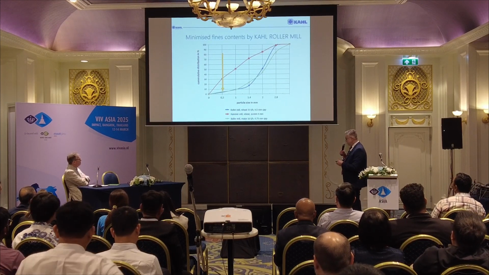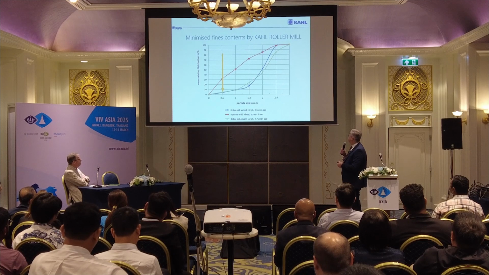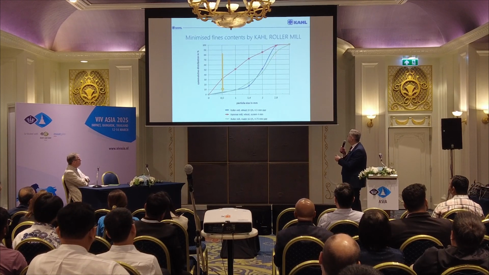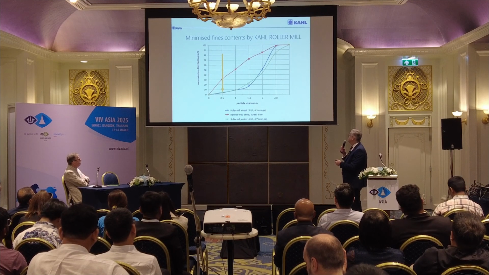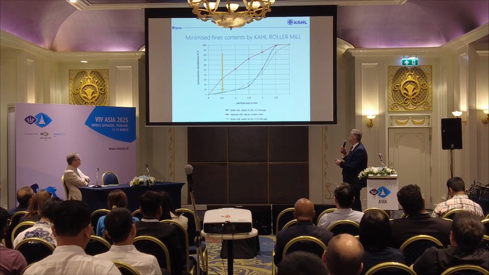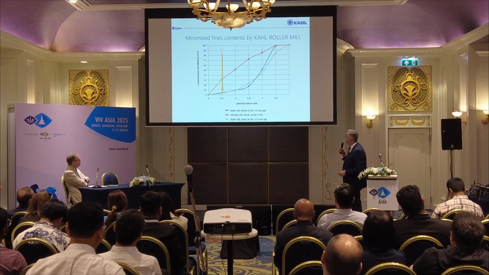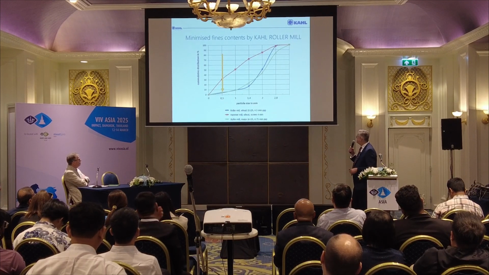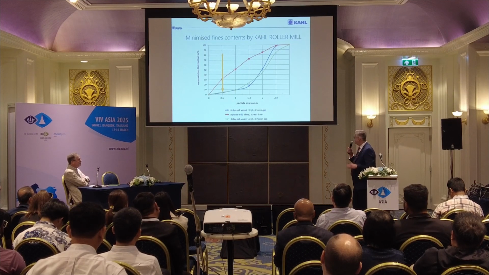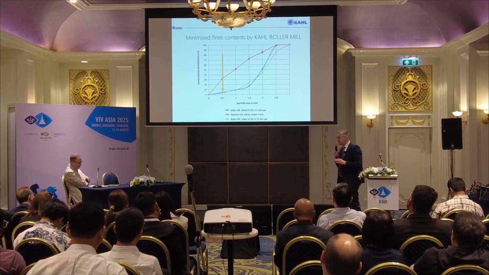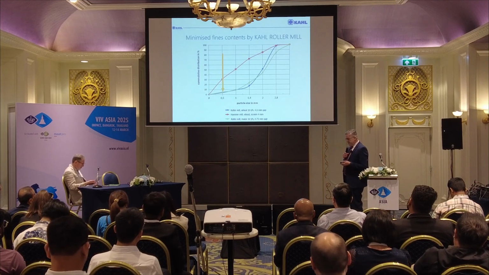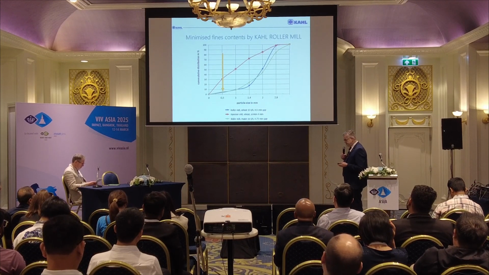Then you can see the curve going up here, and we end at 2.8 millimeters, and we have a very nice particle size yield between 0.5 and 2.8 millimeters with a roller mill compared to a hammer mill. Of course, there are always ways to improve this with all technologies, but when it comes to the narrow particle size spectrum, the roller mill has a very strong impact.